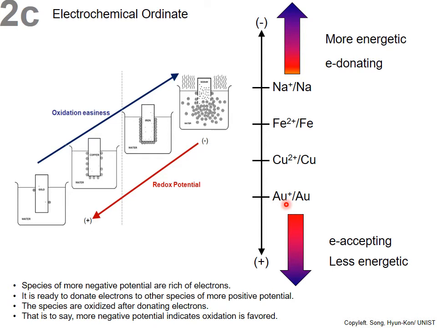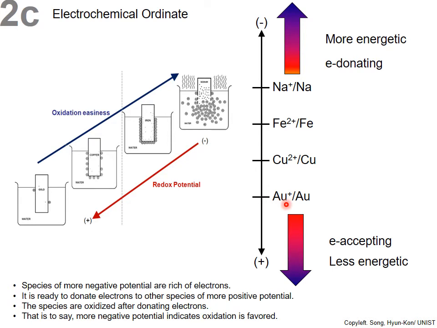Why are negative signs located on the upper placement, while the most positive values are located on the lowest placement of this electrochemical ordinate? In electrochemistry, we electrochemists are focusing on electrons, and more number of electrons in this schematic diagram indicates more energetic.